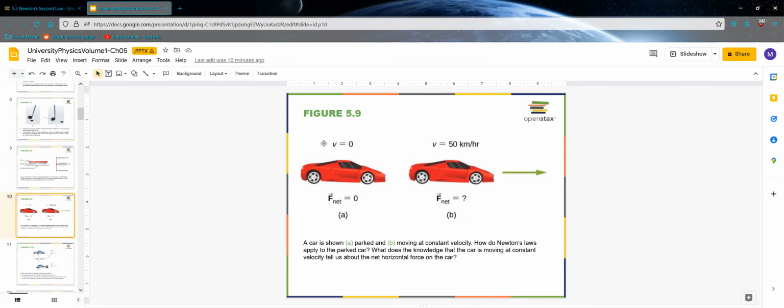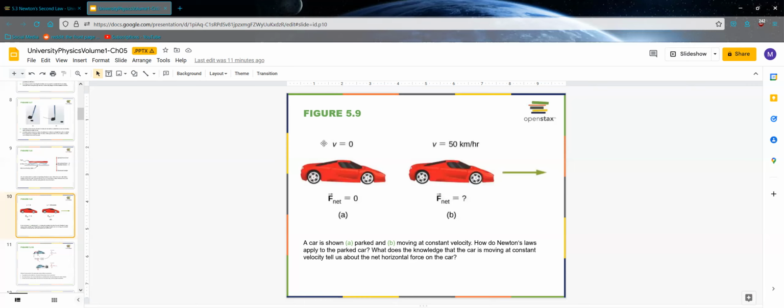Car B there, it does have a velocity, but is that velocity a result of a net force? It's a good question, right? That leads into Newton's second law of motion, which is force is equal to the mass times the acceleration, F equals ma. If you apply a force, you result in an acceleration, not, I repeat, not a velocity, because Newton's first law says something in motion will stay in motion unless acted upon by an outside force.